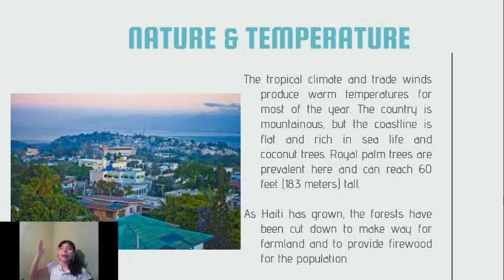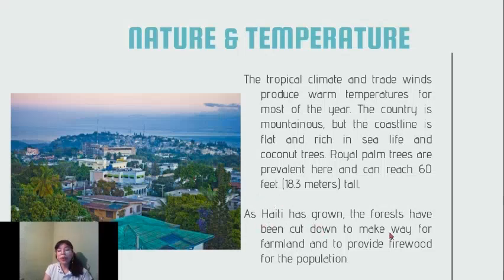So these are very tall trees, very high. And as you can read, the land is very mountainous. As you can see here, there are plenty of mountains, but the coastline is flat. It's very rich in sea life. They have a fishing industry here as well.